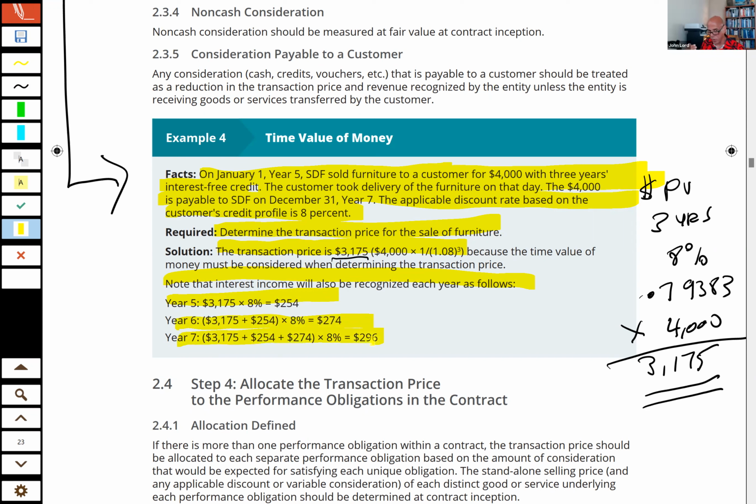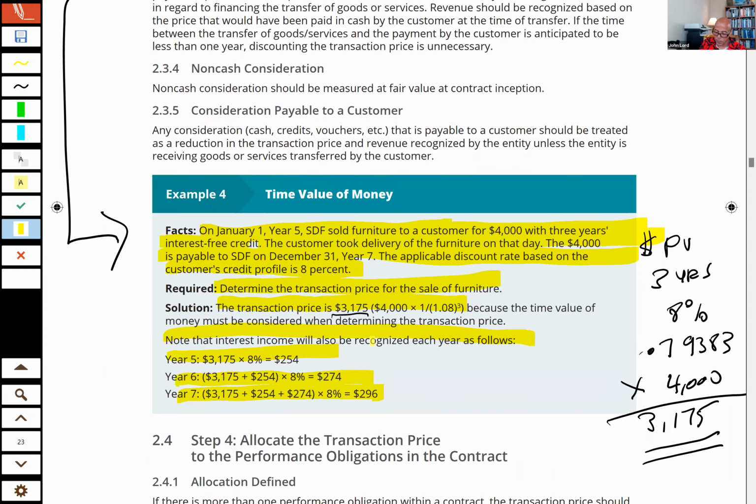So only the 3,175, and think back to our discussion of the income statement. It's important because what? We would show a revenue of 3,175, but we'd be showing what? Interest revenue accruing each year in the non-operating section, as shown here for years 5, 6, and 7. Okay, so you've got to consider that time value of money.